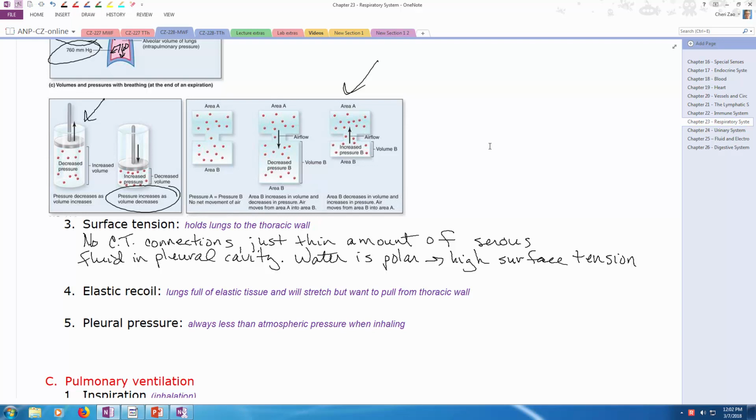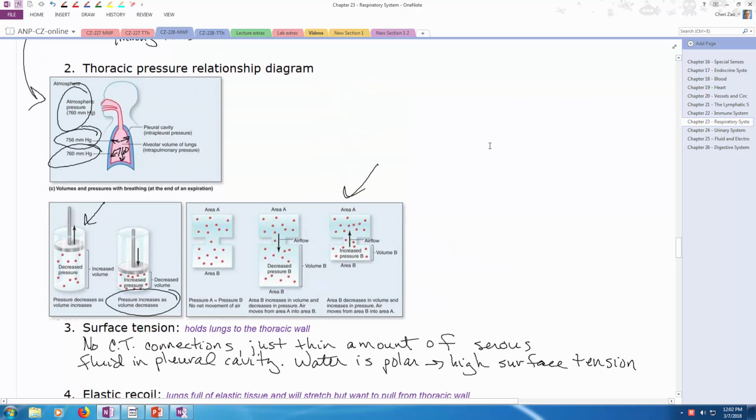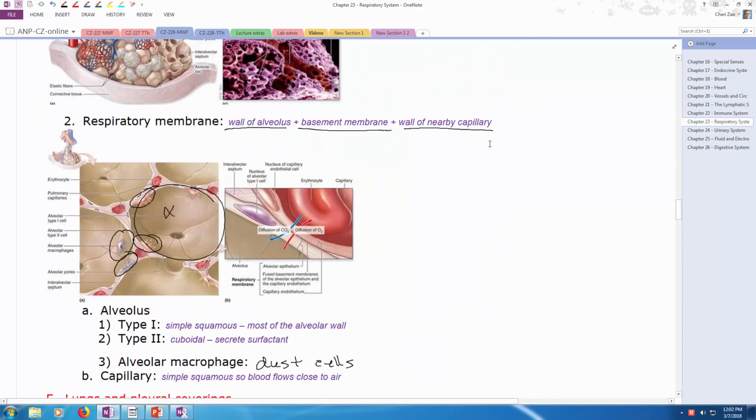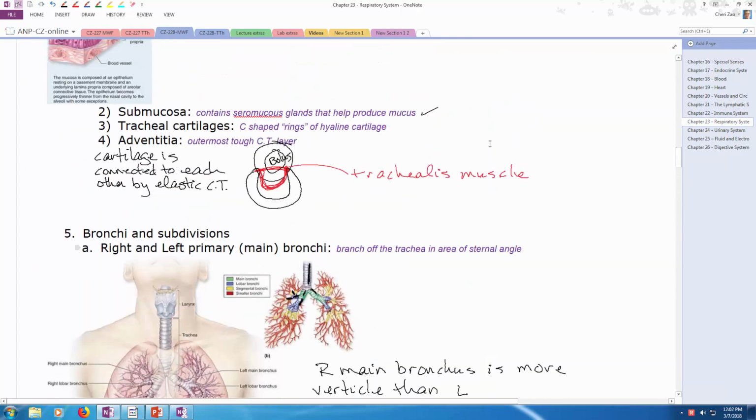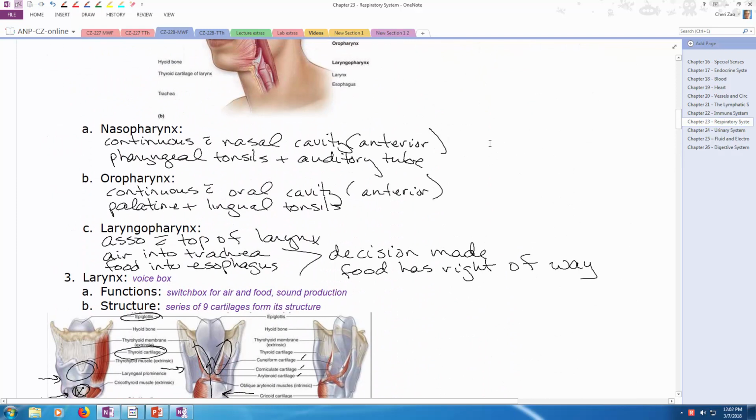Somebody is watching both lectures, Monday, Wednesday, Friday, and Tuesday, Thursday lecture, and made a comment about my notes in this class about the nasopharynx and the oropharynx. I put that the nasal cavity is anterior to the oropharynx. That's what the parentheses mean in this.